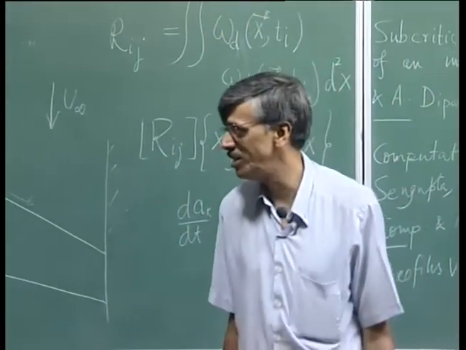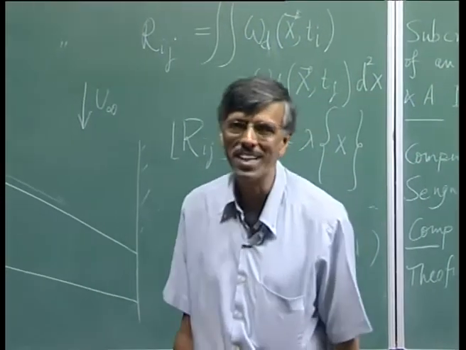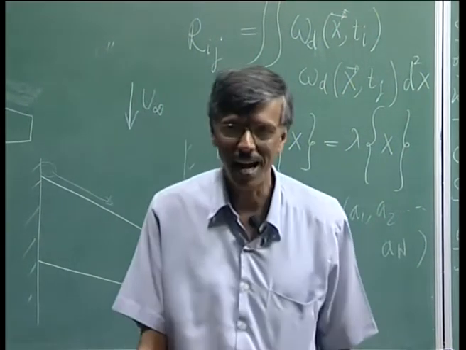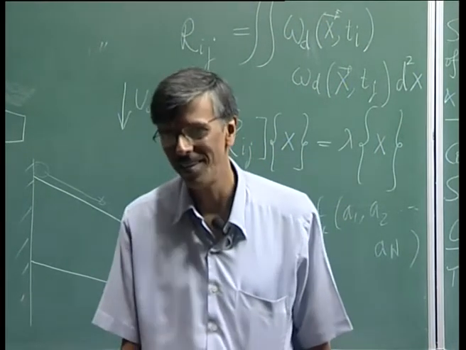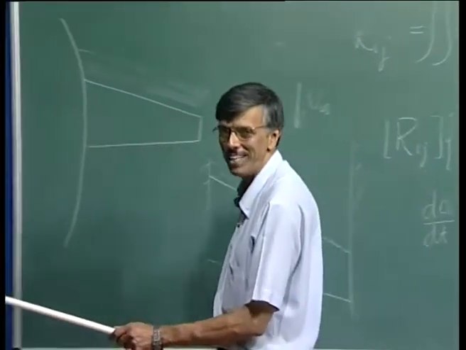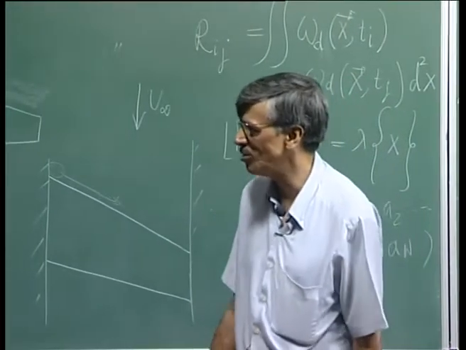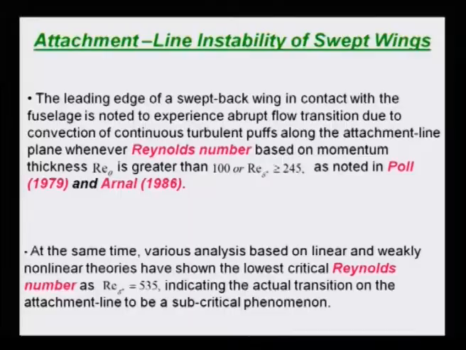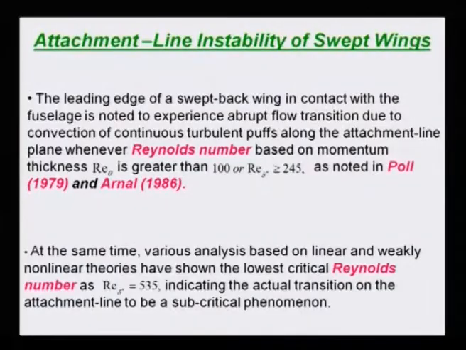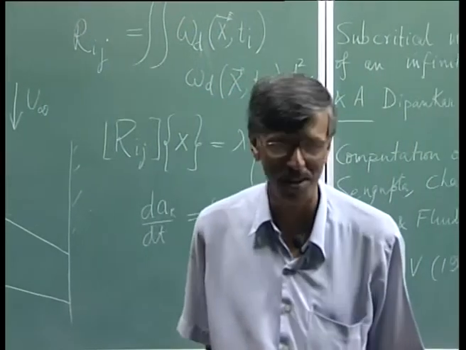How do you study the stability of the flow? In this case also, once again, Prandtl comes to our rescue. Way back in 1946, he established, we will see it shortly, that the flow in the attachment line plane is essentially two-dimensional. So, on the attachment line plane, the mean flow, the equilibrium flow, is two-dimensional, and if you try to study its instability, then the corresponding critical Reynolds number comes out as 535 if so-called weakly nonlinear theories are invoked.